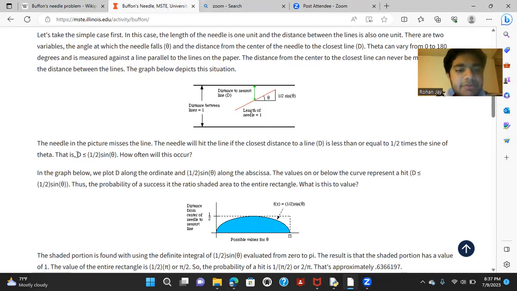And here what we're doing is calculating the maximum possible value for this vertical component here, such that it crosses one of these lines. So that's what this inequality does.